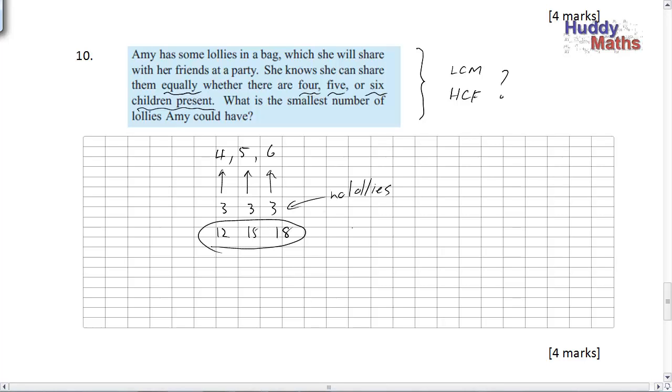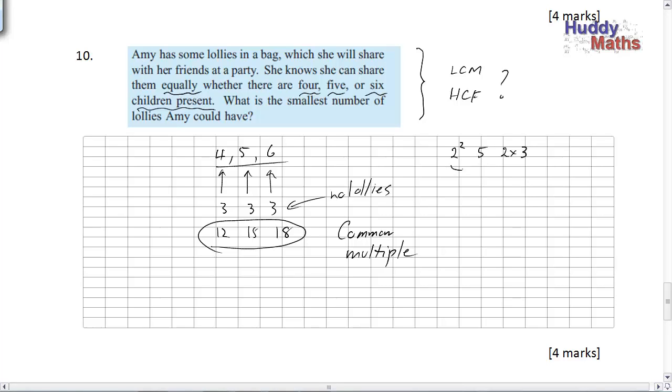So we want a common multiple, something that is divisible by each of these numbers. What is the lowest common multiple of those 3? Okay, well, let's write them down. 4 is 2 squared, 5 is just 5, writing as a product of primes, and 6 is 2 by 3.